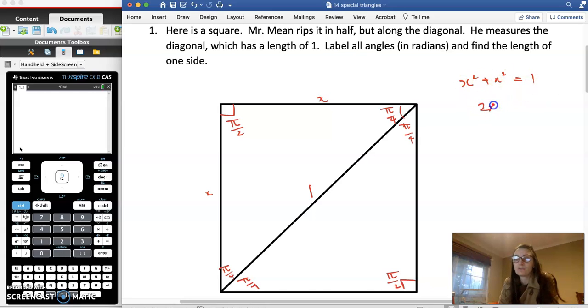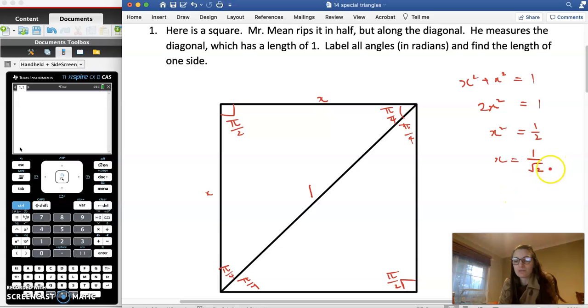So this is 2x squared equals 1, or x squared equals a half, or x equals the root of 1 on 2, or we've got 1 on root 2.